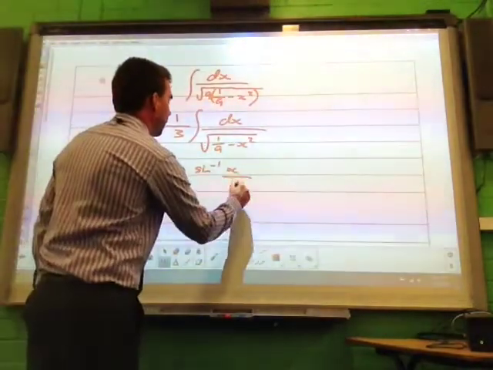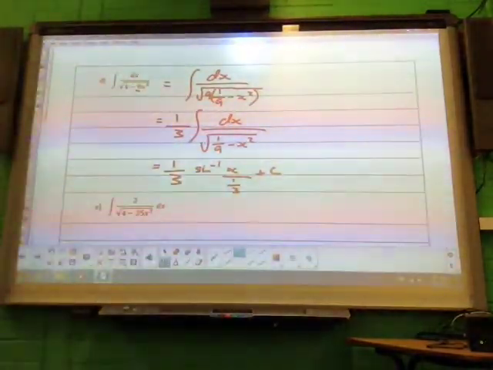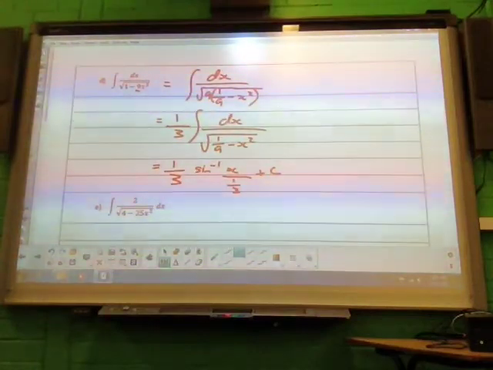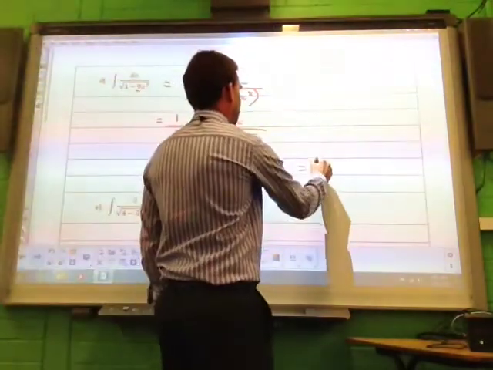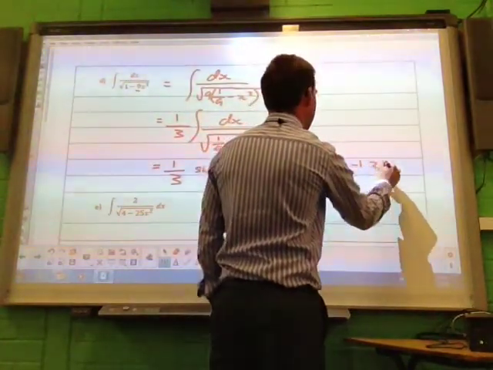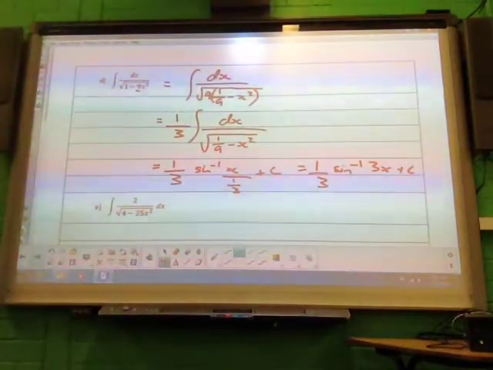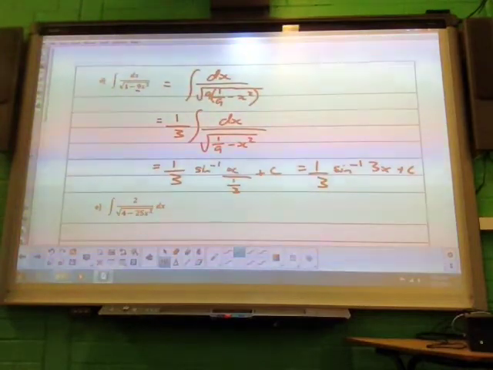So x over a third plus c. And of course you can tidy that up. So a third sine inverse of 3x plus c. Right, so that's the sort of manipulation you need to do so that you can continue to integrate.